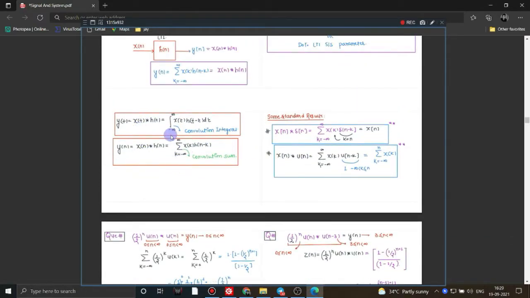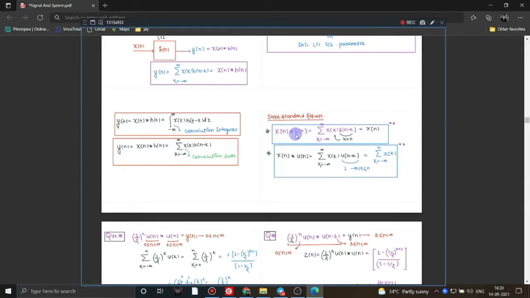This is the same formula in the time domain that we have already covered, and in the discrete domain the integration is changed by summation, with a different variable k. These are some standard results.